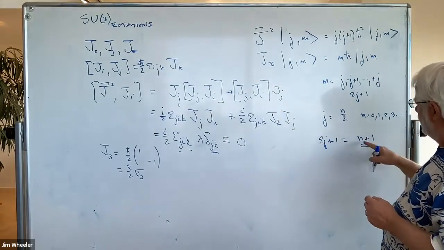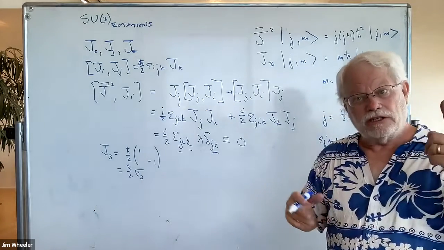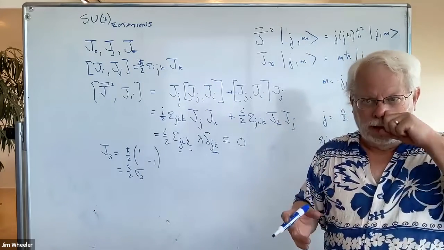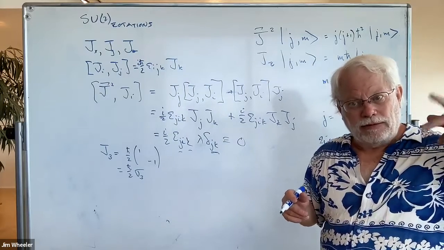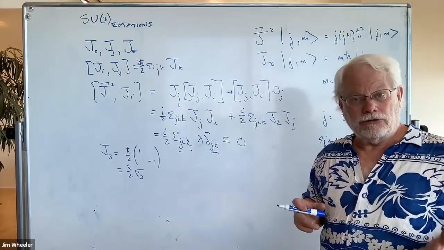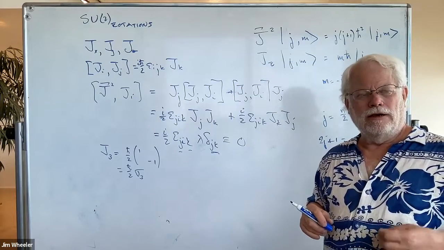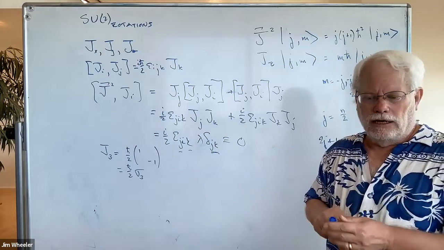So n plus 1 is 1, 2, 3, 4. So there's a one-dimensional vector space, which is a scalar. There's a two-dimensional vector space which is spin up, spin down. A three-dimensional is an ordinary 3-vector, and a four-dimensional is a spin 3/2.